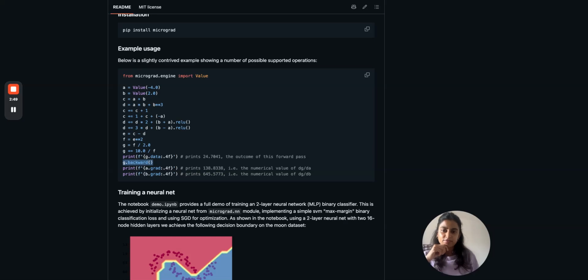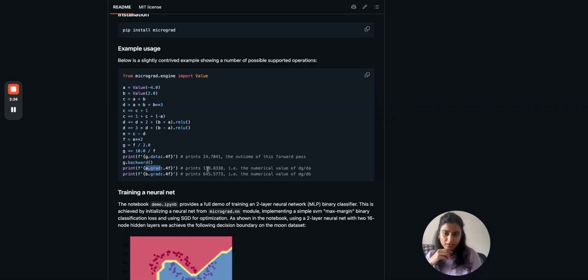Now, say for example, here, this is the gradient of G with respect to the input A. What it means is, if we nudge A in a slightly positive direction, if you nudge A a little bit, how much does G change? That's what A dot grad means.